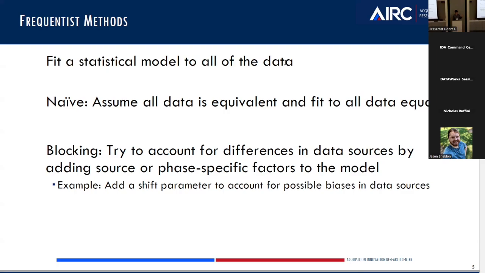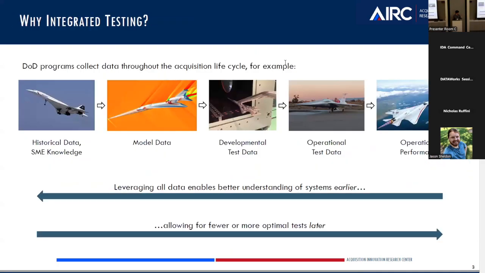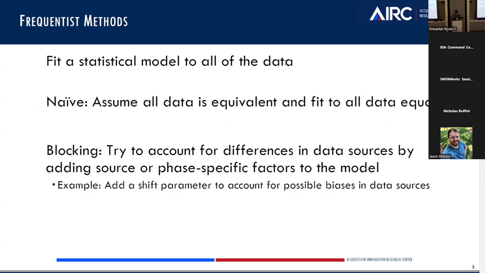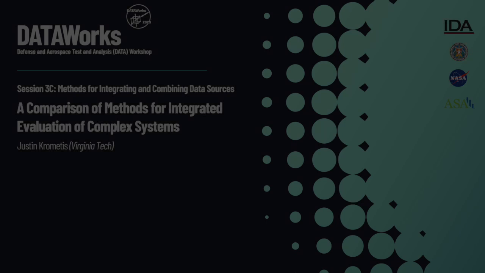A naive way, or maybe the way you might think to do it initially, is take all of the data that I mentioned here and put it into one bucket and then fit a model to all of it. And assume maybe that it's all equivalent. So we're not doing anything to account for how it was collected.